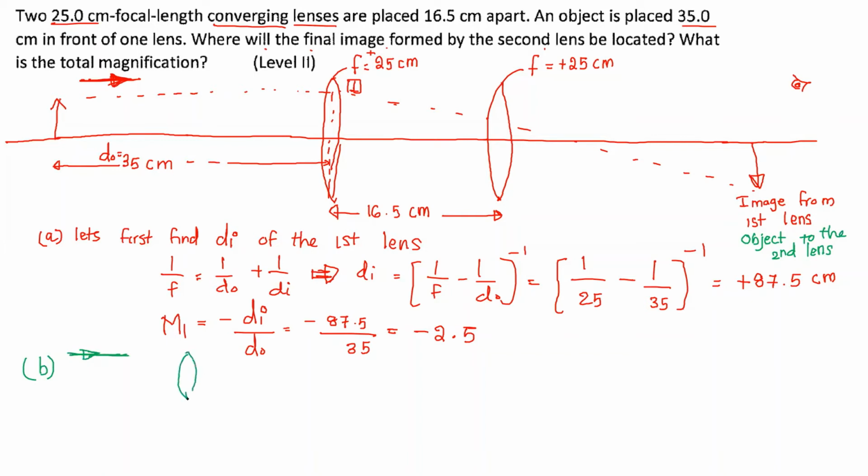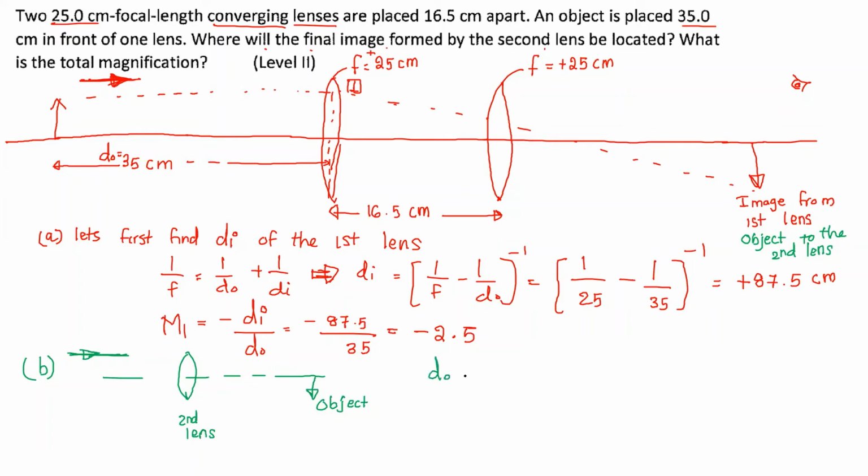Here is your lens, this is the second lens, and your object is now here. So what can you tell about D naught?